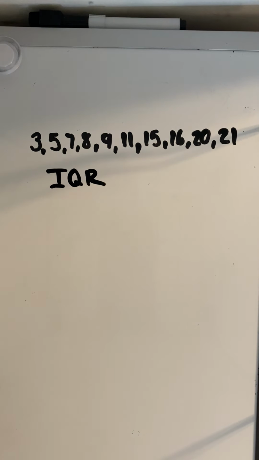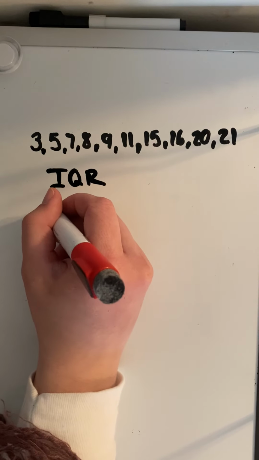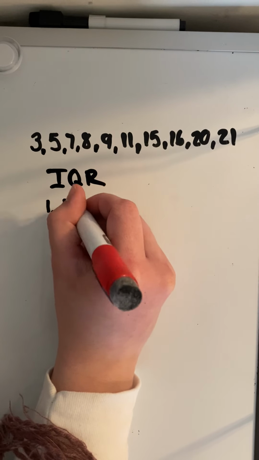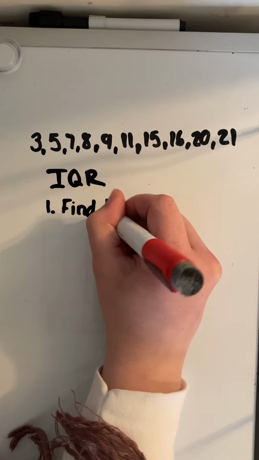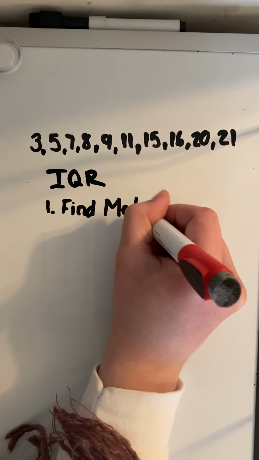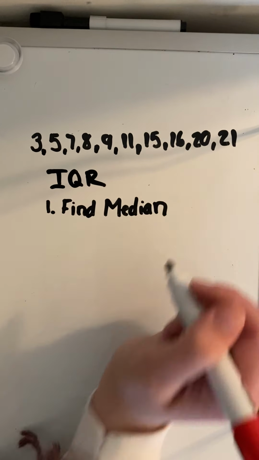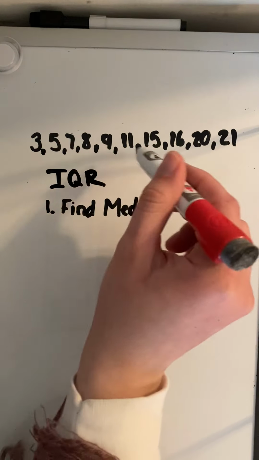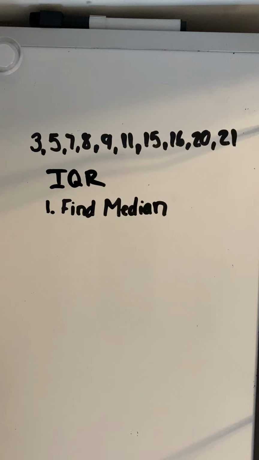Okay, to find the IQR, or the interquartile range, it's a very long word, we first need to find our median. So step one is find median. Okay, and remember I showed you that to find the median, we start crossing off and find the number that's in the middle.